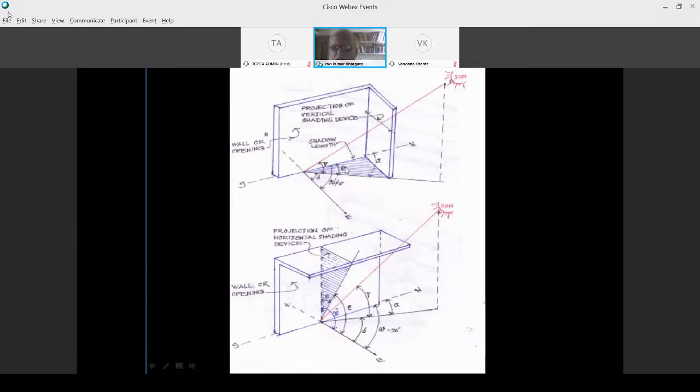I have used probably q or some other letter for this angle. Once you get this angle, the projection of shading devices can be calculated easily.